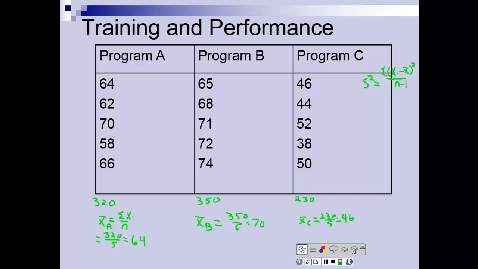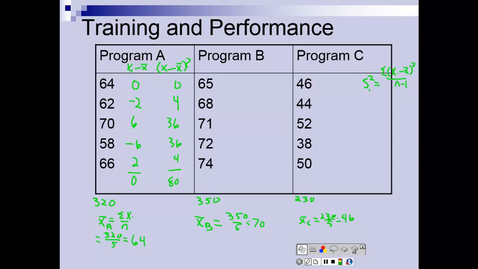So for program A, I'm going to get the deviations. I'm going to subtract 64 from each number. And of course the sum of those will be 0. Then I'm going to square those. It's supposed to be an i down there. I get that to be 80.